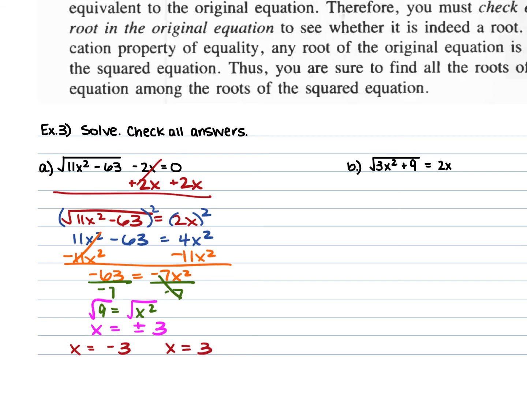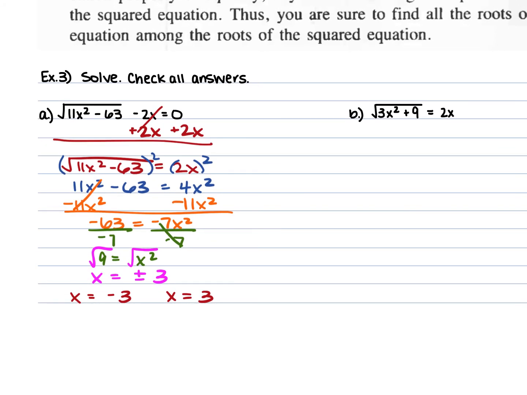You want to plug these in and check both of them to make sure that they are in fact a solution. If you plug in the negative 3, you have the square root of 11 times negative 3 squared minus 63. That gives you 6.